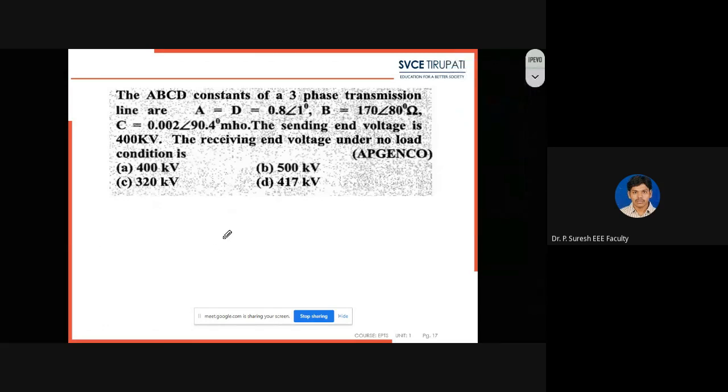Given the ABCD parameters, what are the transmission line equations in terms of ABCD parameters? Vs equals AVR plus BIR, and Is equals CVR plus DIR. Yes or no? Here, the receiving end voltage under no load condition.